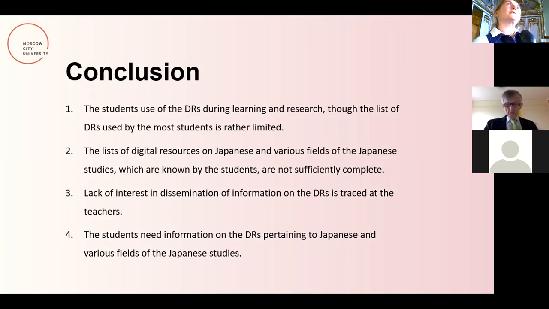Also, full text databases were used. Maybe I'm not correct in pronunciation, Saini. They use it. There is a kind of Saini in Russian, a library. They use it, of course. Okay, thank you.